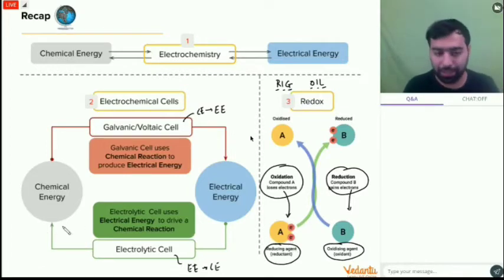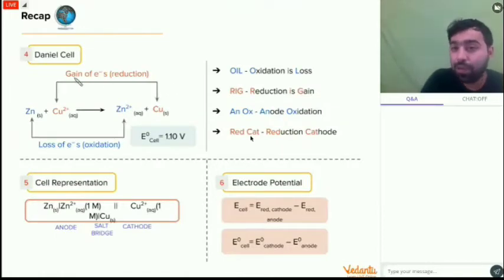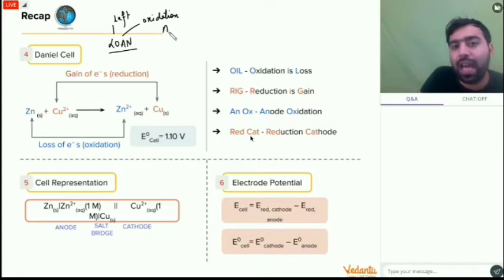Next, we studied the Daniell cell, where I told you one simple word, LOAN, for cell representation. L means left, O means oxidation, A means anode, and N means negative.